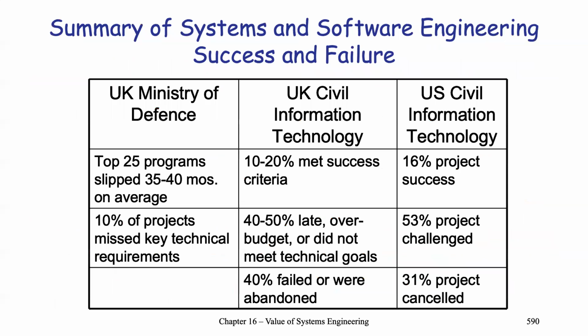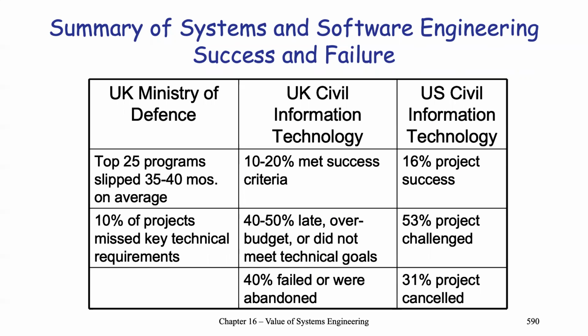Here is a summary of systems and software engineering successes and failures. So for the UK Ministry of Defence, the top 25 programs slip 35 to 40 months on average. 10% of the projects missed key technical requirements. For UK information technology, 10 to 20% met successful criteria, 40 to 50% ran over budget or did not meet the technical goals, and 40% failed or were abandoned.